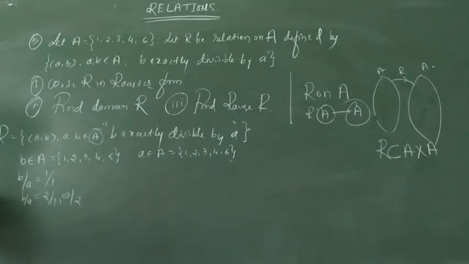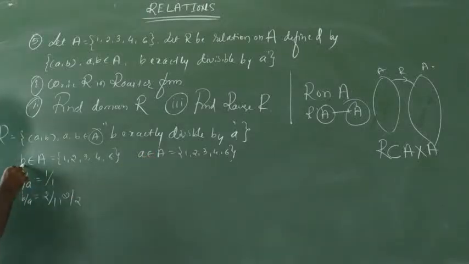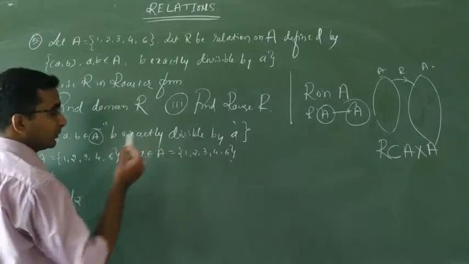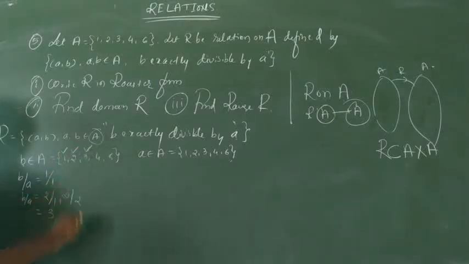2 is exactly divisible by 1 and by 2 only. We have to compare with the first elements: this second element is going to be divisible by each and every element of the first set. Next, when I take b as 3, 1 is over, 2 is over. Next I take 3. 3 is exactly divisible by 1, and 3 is also exactly divisible by 3.